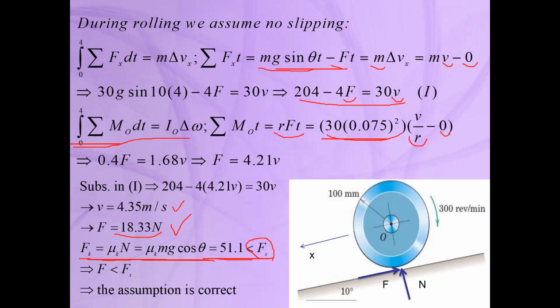So definitely F is less than the maximum friction force, which is the static one. So our assumption is correct, and we can consider this velocity as the final velocity after 4 seconds. This is the total procedure to solve this problem using the impulse and momentum equation.